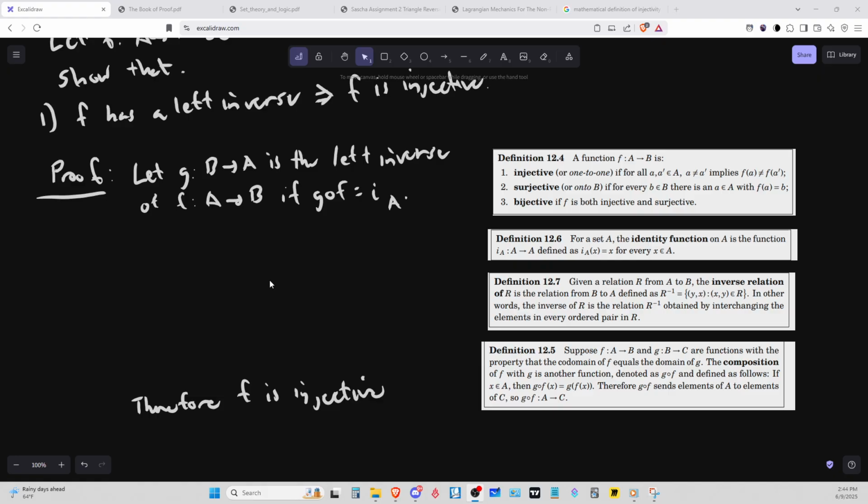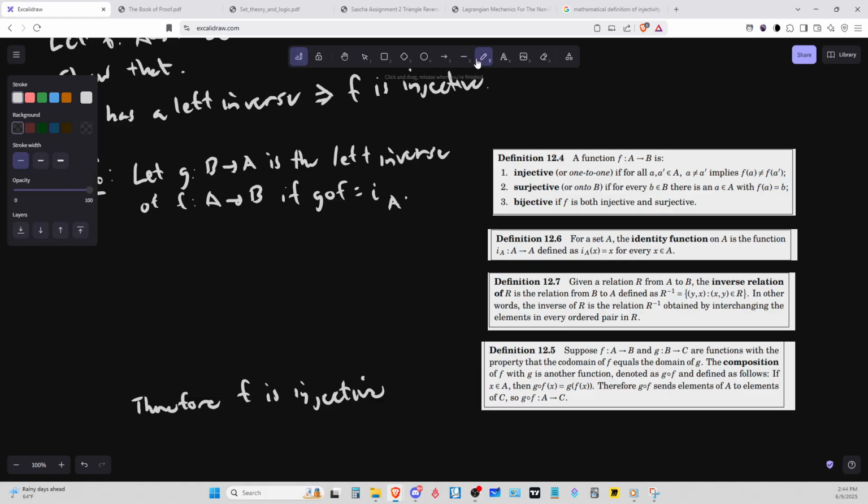So maybe in this last part, by definition of an injective function. I just want to write that because I feel like it's going to be part of this bottom half, to make it look nice.